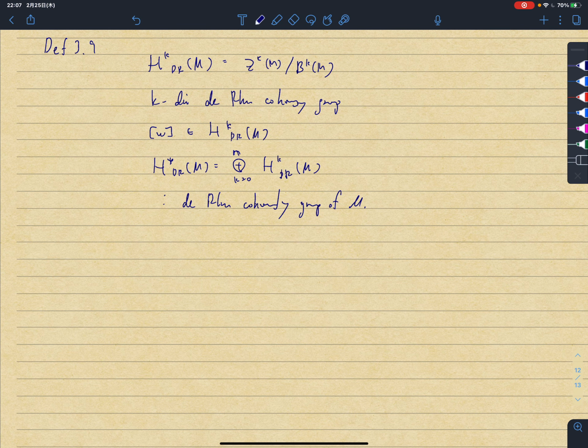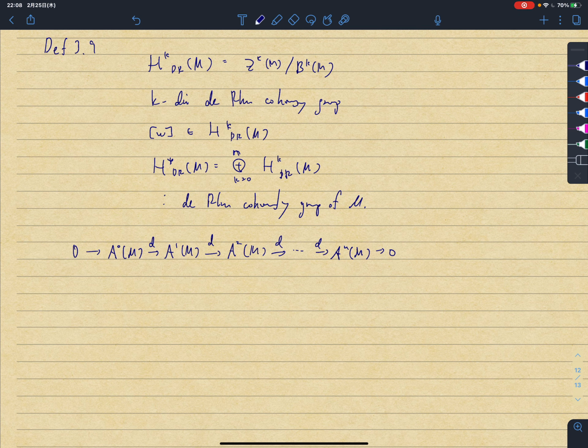In other words, the de Rham cohomology group of M is the cohomology of the cochain complex.